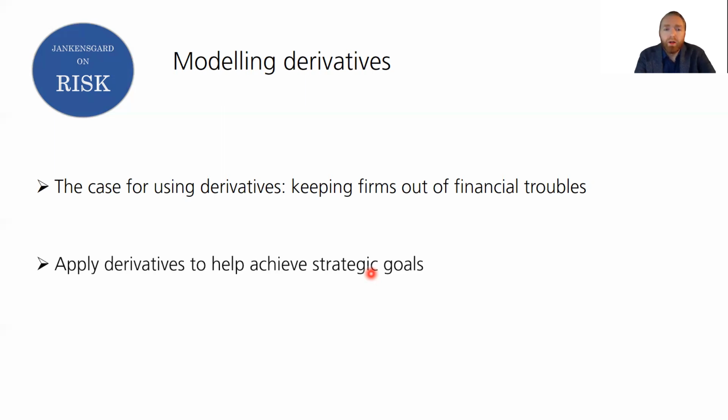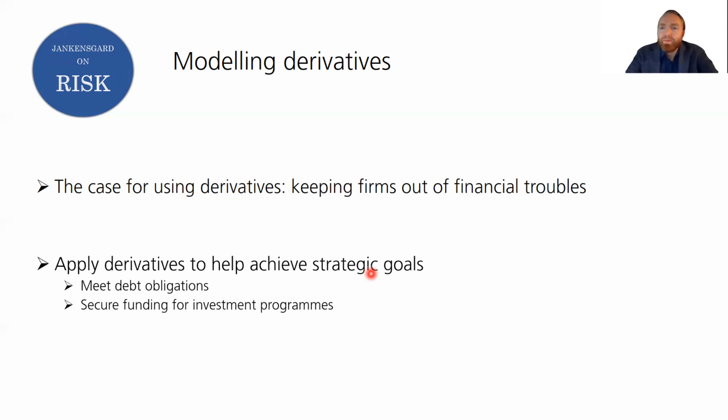So if you design your derivative strategy well, you can make sure that you're able to meet debt obligations, for example, to keep you out of a situation involving bankruptcy or severe financial distress. You can also engineer your derivative cash flows in such a way that you help finance corporate investment.